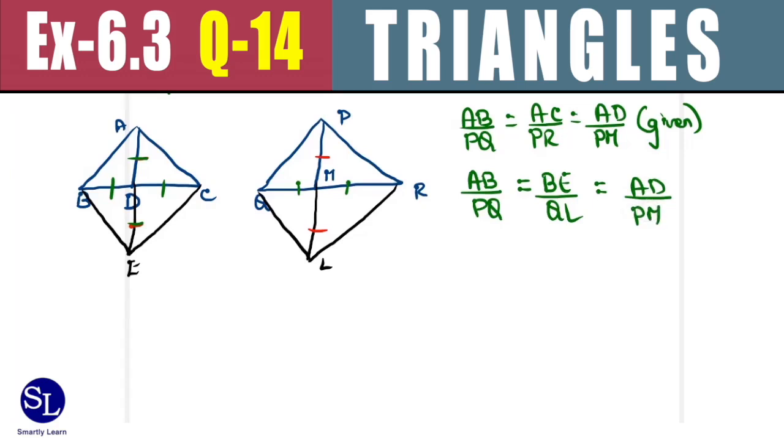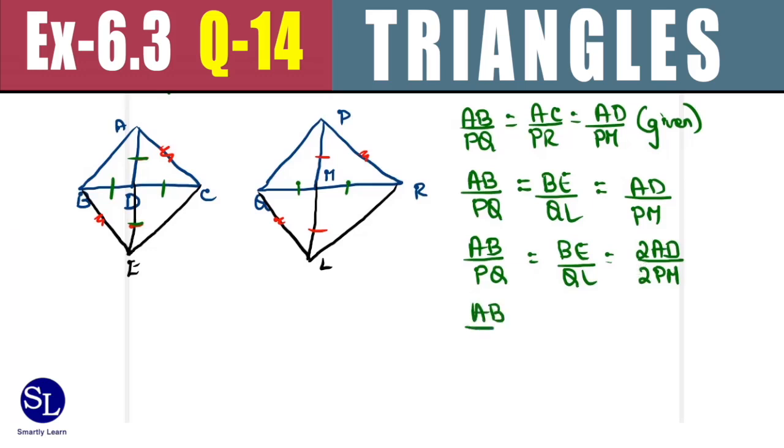Now in the next step, I'm going to write AD as 2 times AD and PM as 2 times PM. Because I put 2 on both, it is not touching the proportionality, since the 2 and 2 will cancel. It is still the same property.